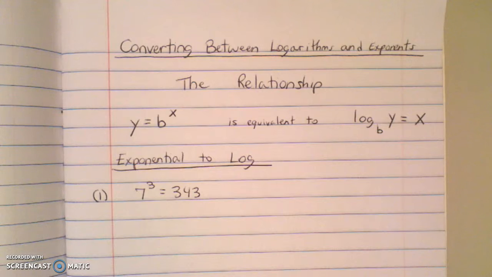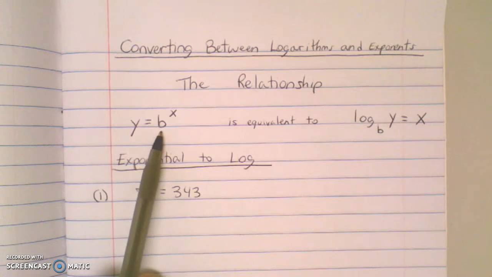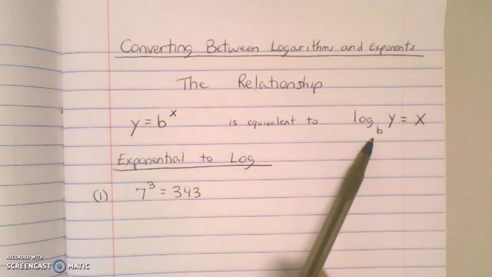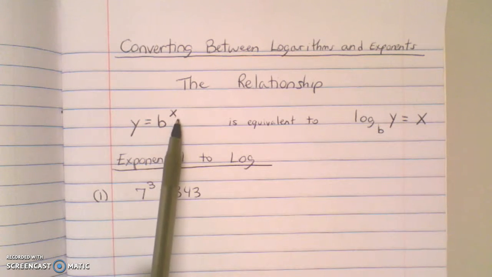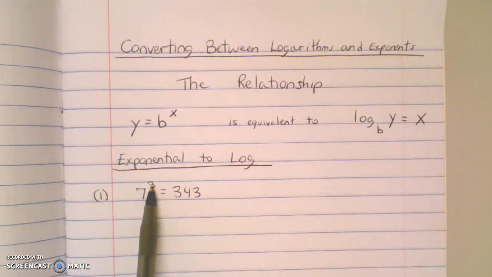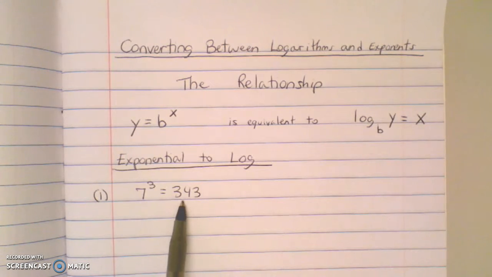So essentially what I'm going to do is I'm going to take these values and rearrange them here in this equation. So I look for my base with my exponent. So I have b and x. This is my b and this is my x. And then my y value is 343.